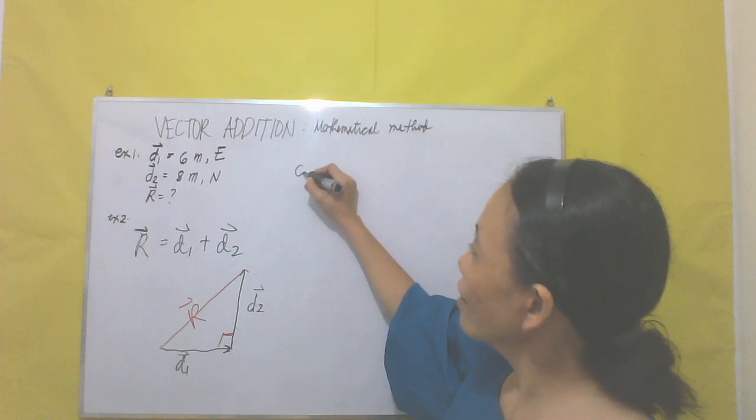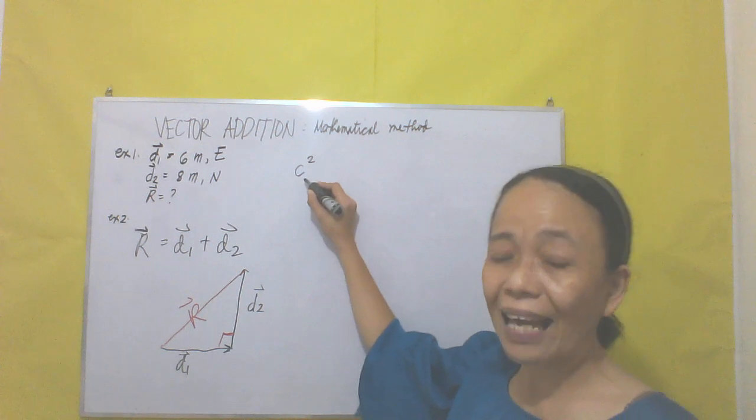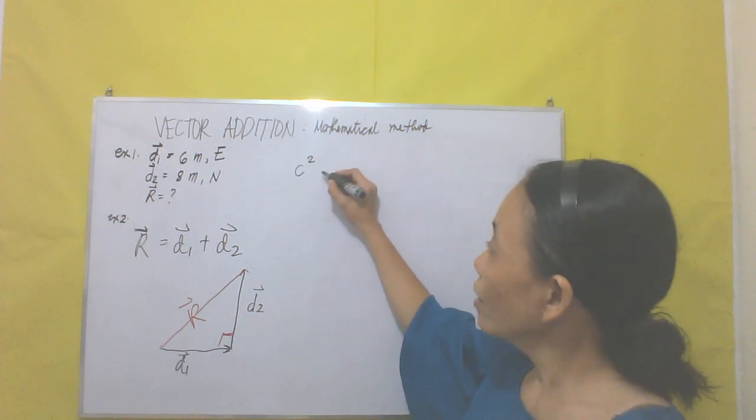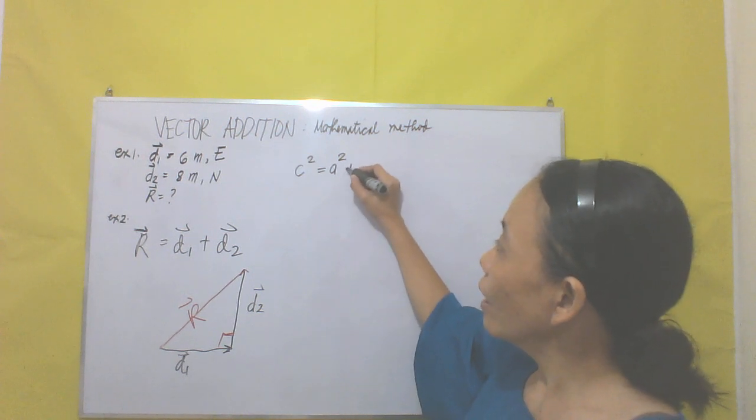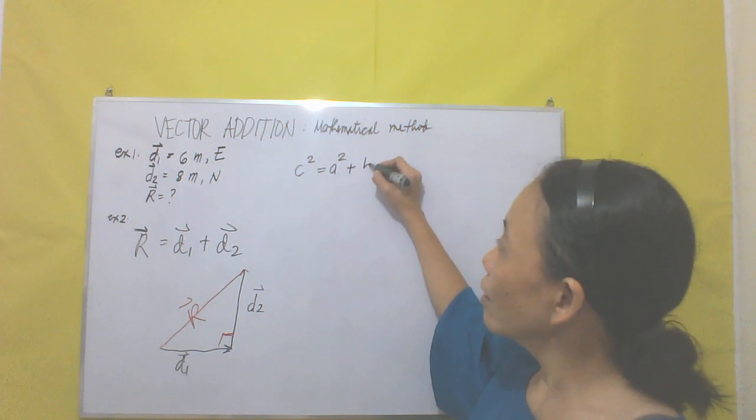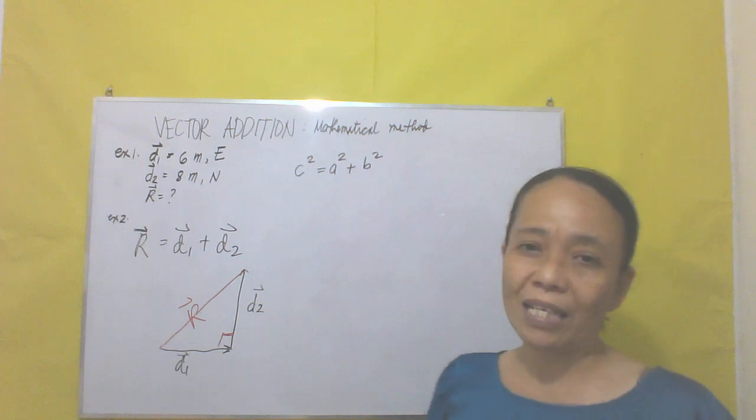It says that the square of the longest side, the hypotenuse c, is equal to the square of the altitude and the square of the base.